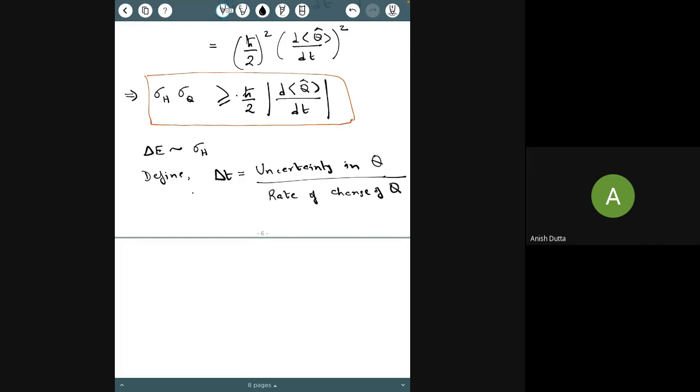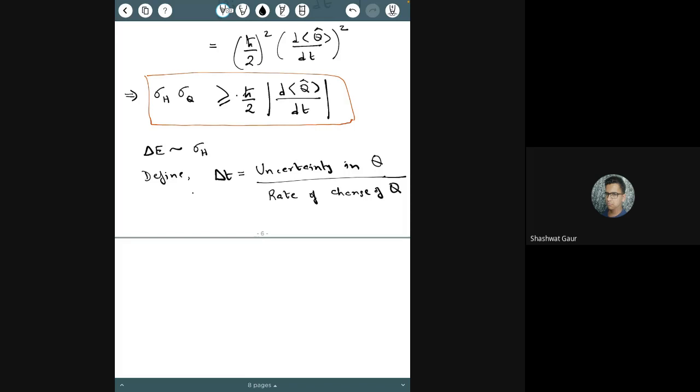I'm measuring all of them, and if these properties are changing very rapidly with time, then my uncertainty in those quantities will also increase. Okay? Which means that the state itself is also evolving very rapidly with time. So it's a little bit of an indirect logic, and that is how you quantify uncertainty in time.